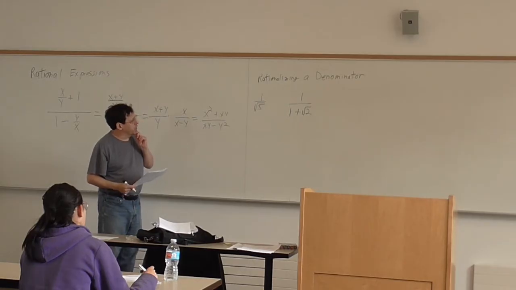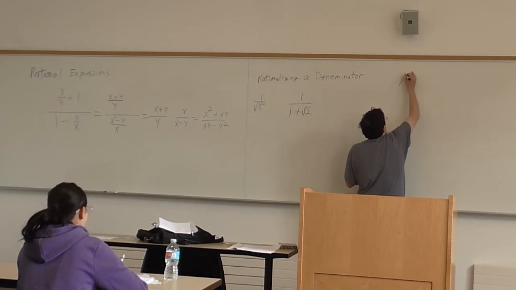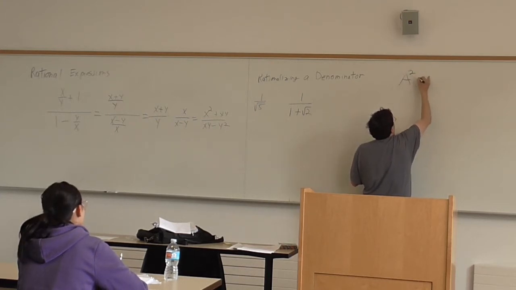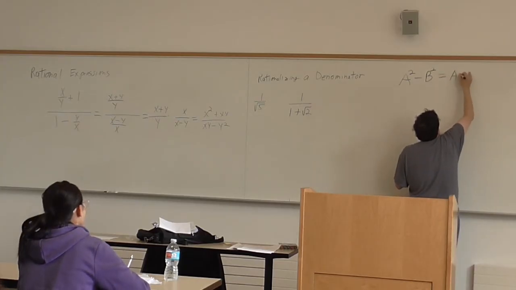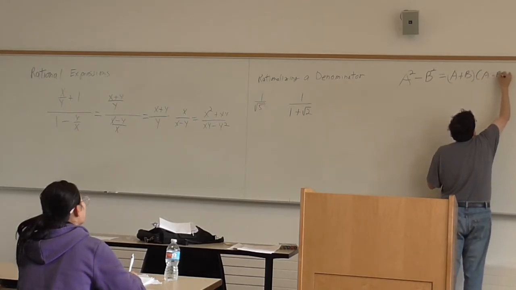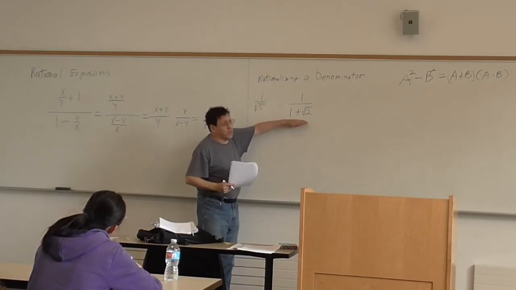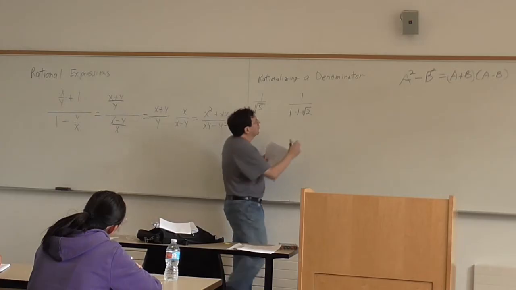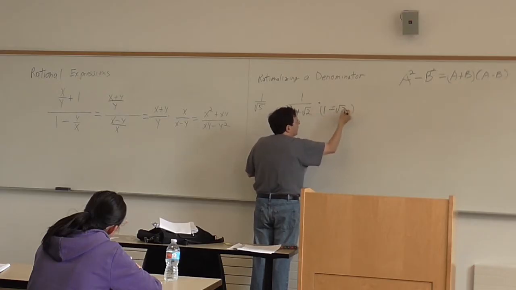But to do that, we're going to have to look at this pattern, which, as I mentioned, is really useful. a squared minus b squared is a plus b times a minus b. Well, here's our a plus b. If I multiply this by 1 minus the square root of 2, that's my a minus b.